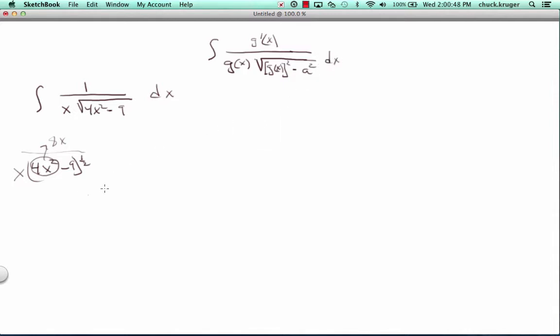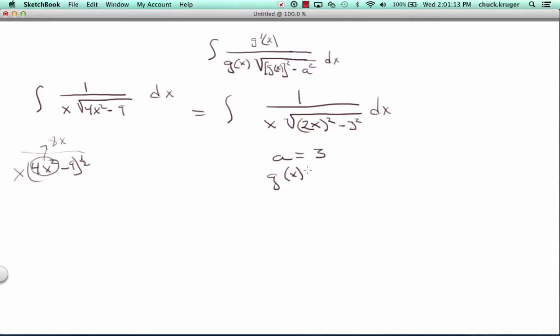So if I take a look at that, I could rewrite this as 1 over x times the square root of 2x squared minus 3 squared dx. So a is going to be 3, g of x is going to be 2x, and g prime of x is going to be 2.